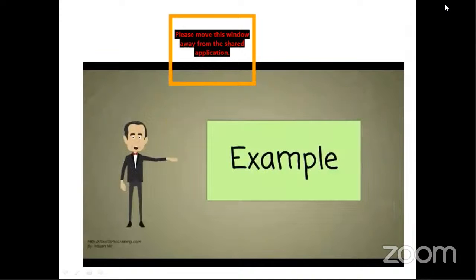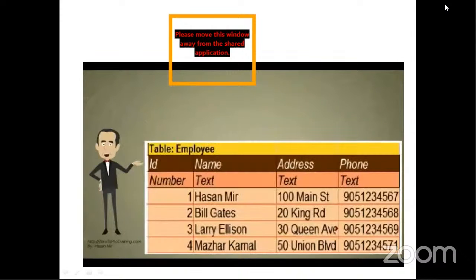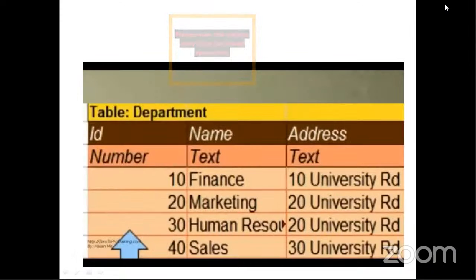Let's take a look at an example. Here is an employee table. The ID column is a primary key that guarantees uniqueness. Here is a department table. Here, the ID column is a primary key as well, that guarantees uniqueness.